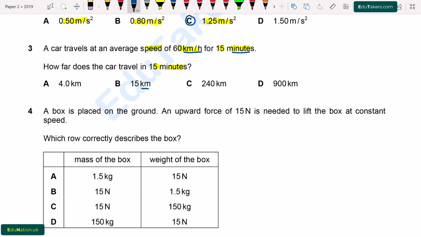So I write here distance is equal to speed multiplied by time. Speed is given 60 km per hour multiplied by time. Time is 15 minutes, and 15 minutes is basically equal to 1 over 4 hour, because 1 hour is equal to 60 minutes.